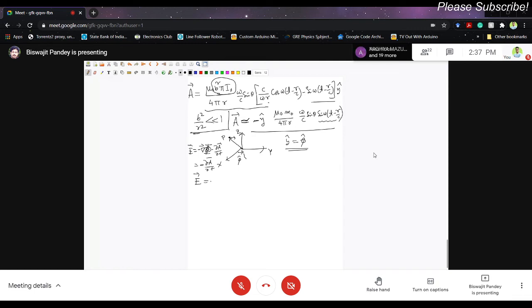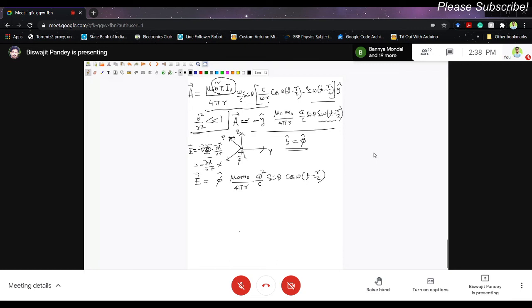The direction is phi cap, since y cap and phi cap are identical. So the electric field at this point P is pointed along phi cap, and we have mu 0 m0 divided by 4 pi r, omega by c, and when I take a derivative I get another omega, making it omega square by c, then sine theta as it is, and sine differentiated gives cos of omega t minus r by c. This is the electric field.